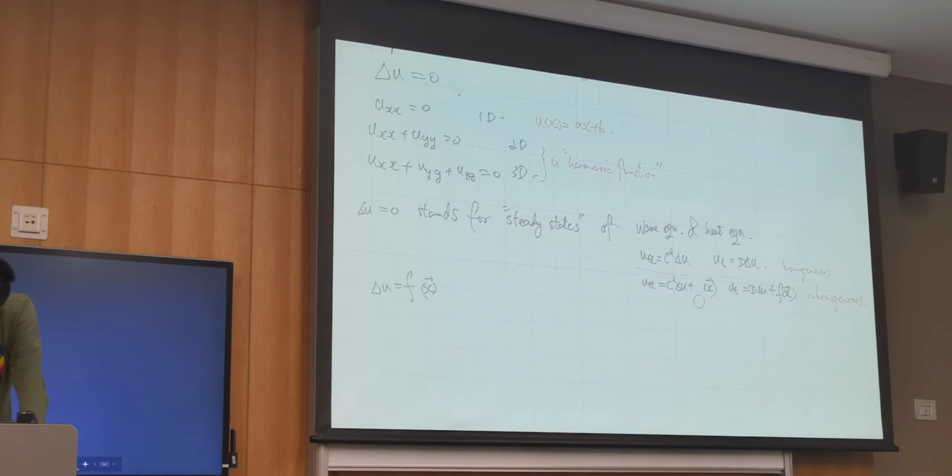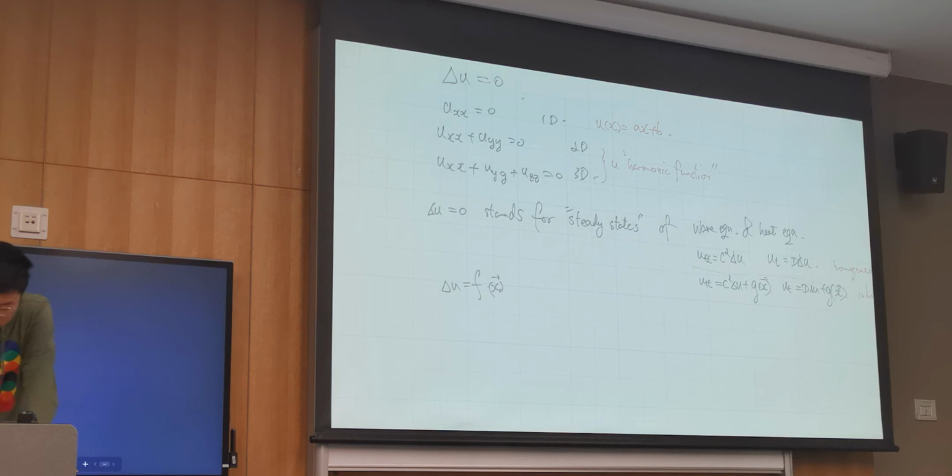This is probably better, right? So let's say g(x), and here the f(x) is just simply a linear reformulation of the g over here, just negative g divided by c squared or negative g divided by d. So this is the so-called Poisson equation.